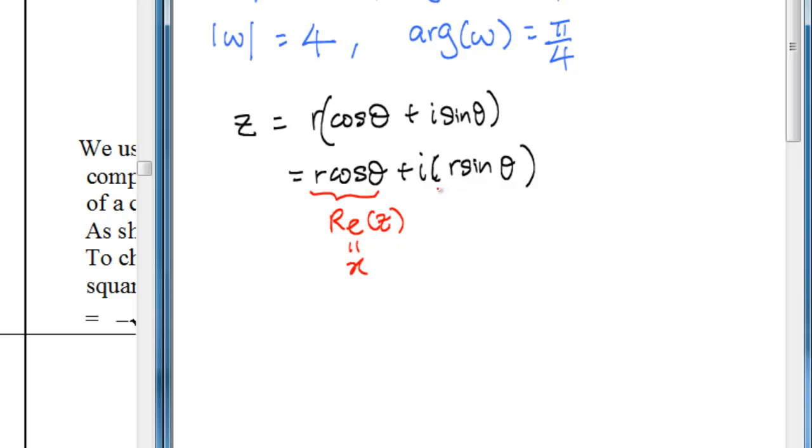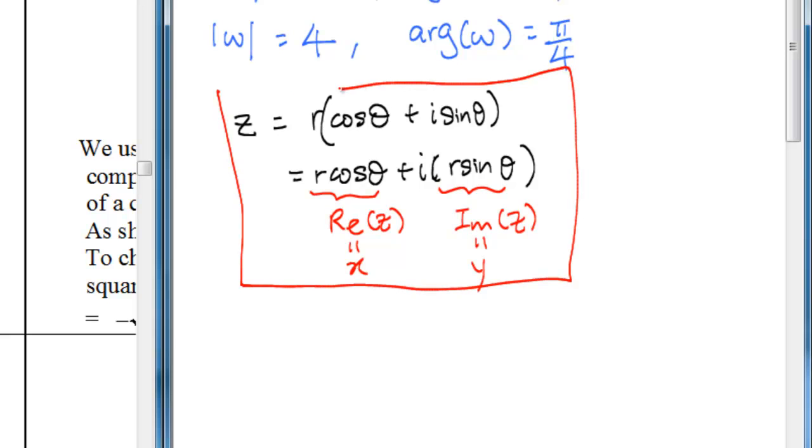The term after the i is the imaginary part of z, which we know is the y value in the x + iy form. So this key concept is very important when we are answering questions that specifically require the real and imaginary part of a complex number. So let's see how we apply it in this question.